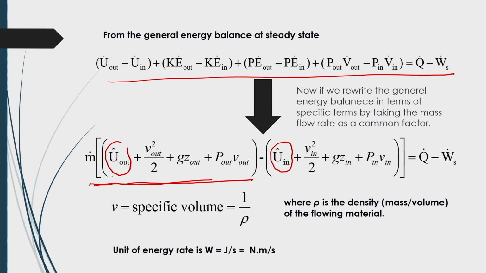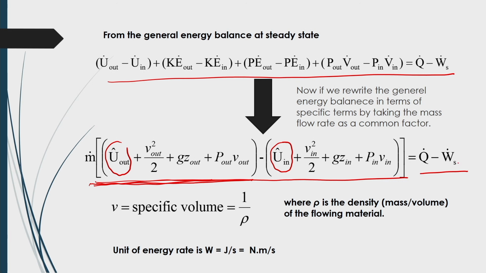So we can write the change of energy at the inlet and outlet conditions. We can write this equation in specific terms by taking the mass flow rate as a common factor, and we can then express this equation as equal to Q dot minus W dot s.